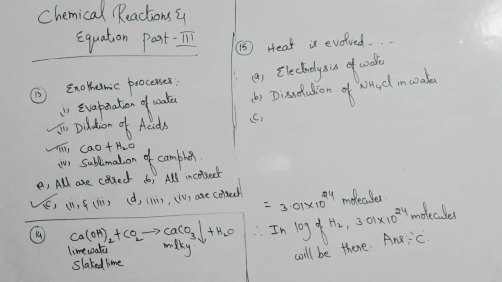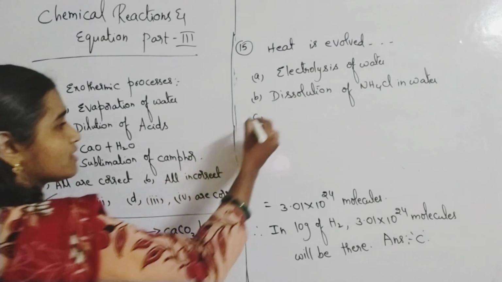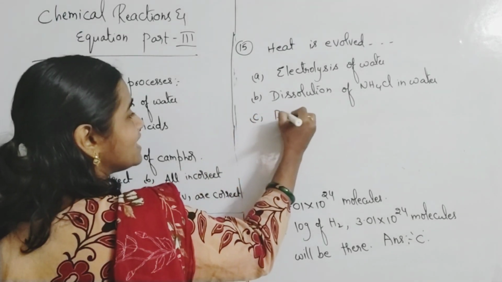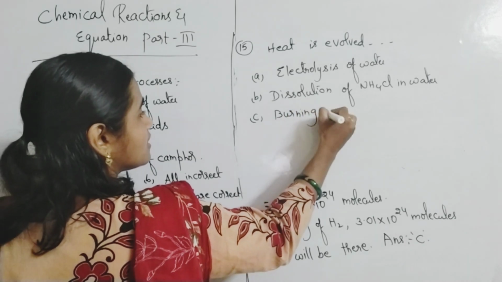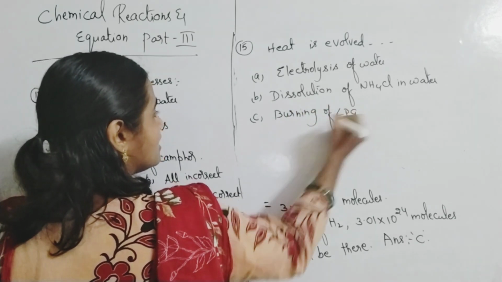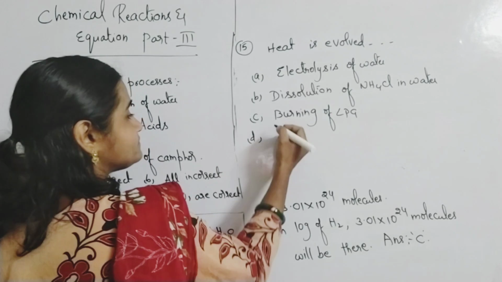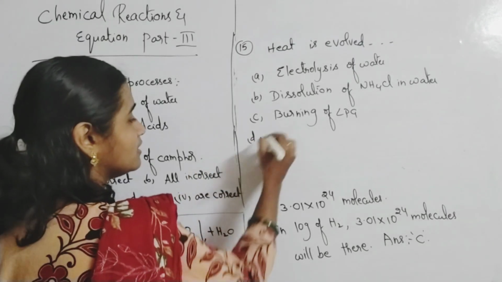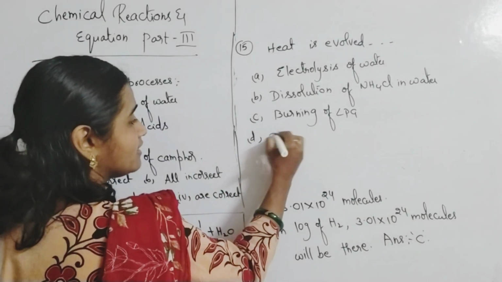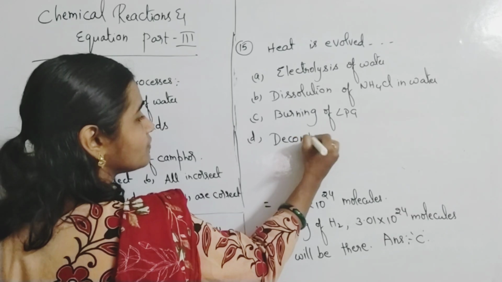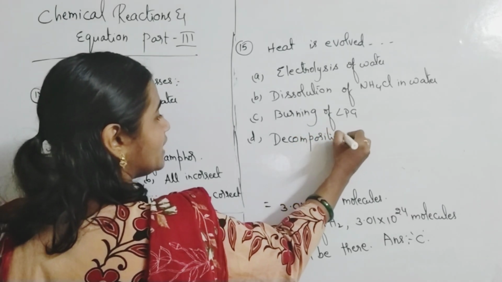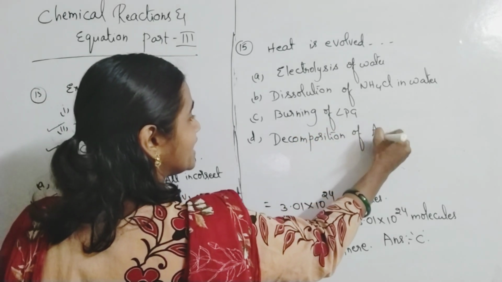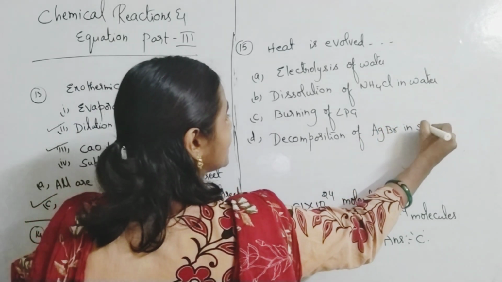Burning of LPG and decomposition of AgBr. The third option is burning of LPG. And what is the fourth option given to you? Yes, decomposition of AgBr, silver bromide, in sunlight.